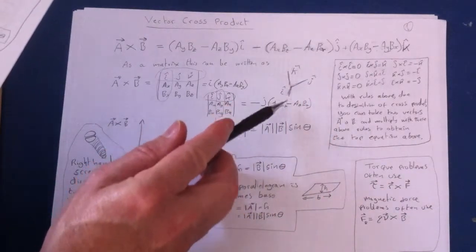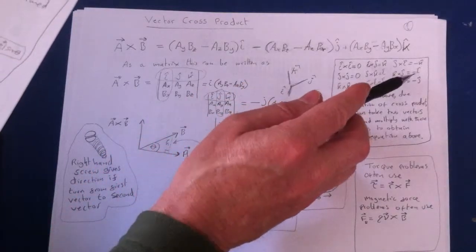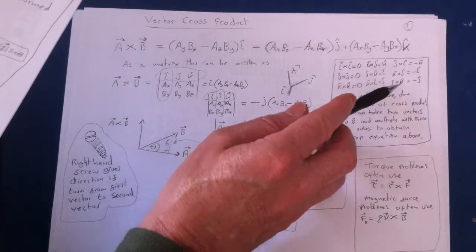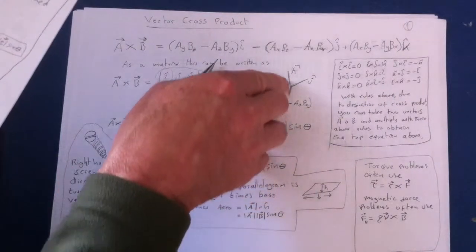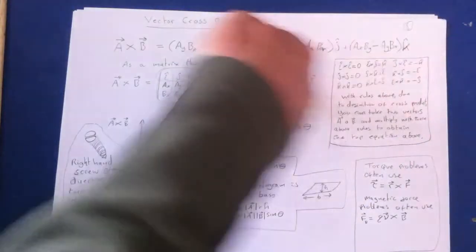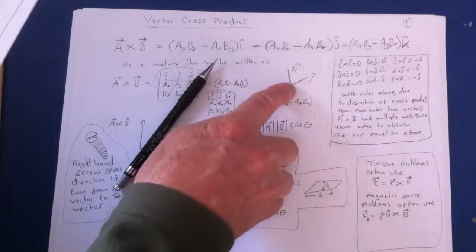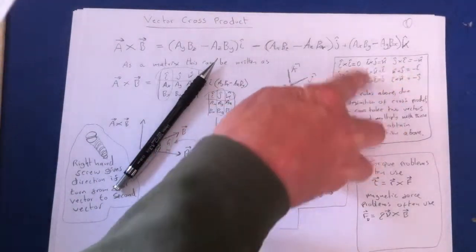Well, I've defined I coming out here as positive, so that means it's minus I. And then finally I cross K, so if I move I towards K, you can see I'm moving the screw in that direction, then I'm going that way. I've defined the positive J in that direction, so that's minus J.